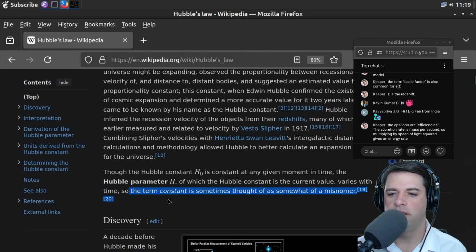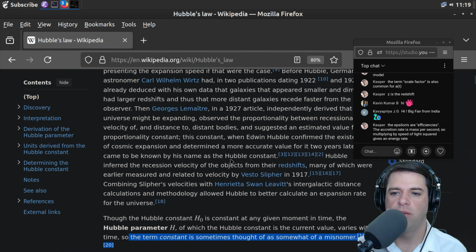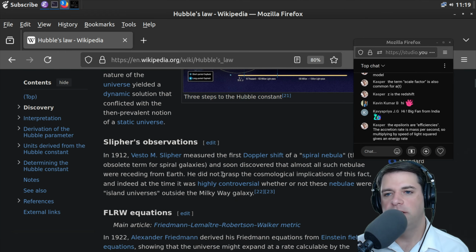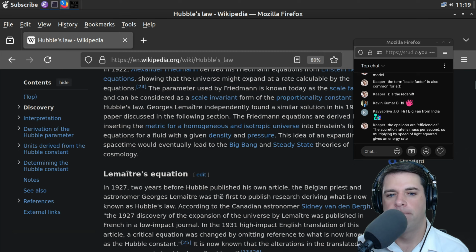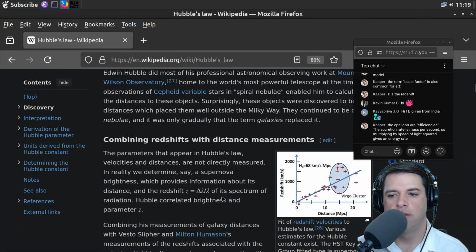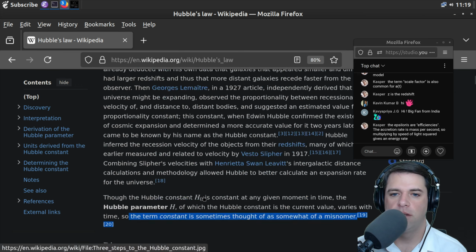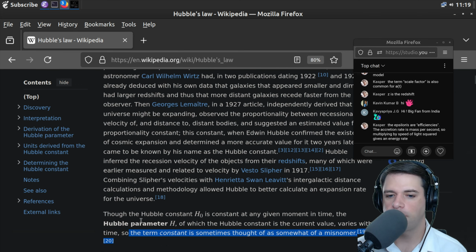So the term constant is sometimes thought of as somewhat a misnomer. Well, yeah, I guess literally it is a misnomer if it's not constant. Okay, so it's a parameter.